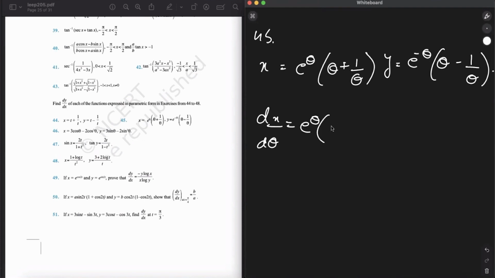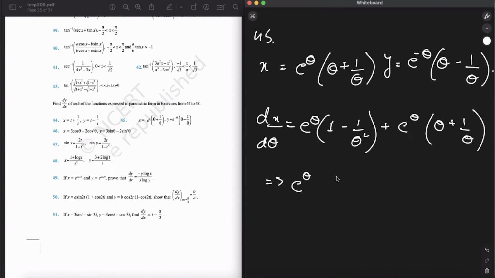I'm differentiating this part, so it will be 1 minus 1 upon theta square, plus I'll differentiate this part, so e to the theta times theta plus 1 upon theta. So adding the whole thing up, e raised to the power of theta will come out in common, theta plus 1 upon theta. So this is your whole part for dx upon d theta.